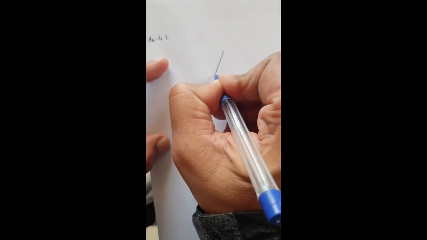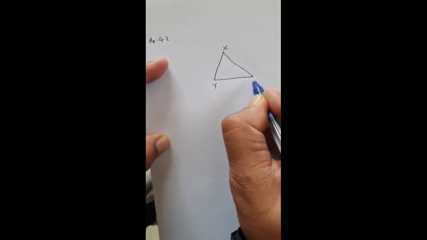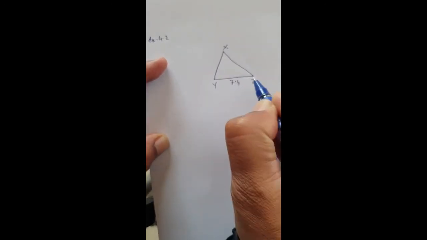Now we'll solve the second type, that is in exercise 4.2, you will be able to see the problems where the difference between two sides and the base of a triangle is given. So here you are given triangle XYZ we have to construct, whose base is YZ, which is 7.4.